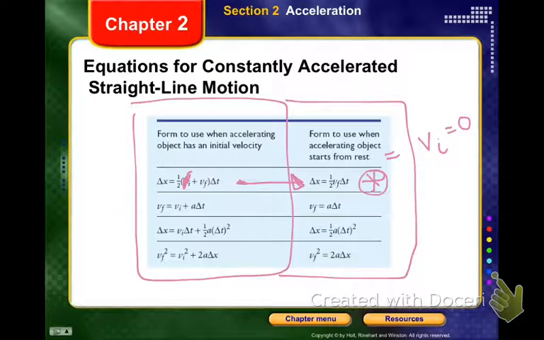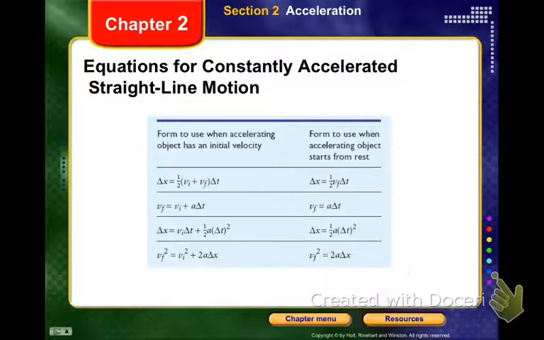Just 4 of them include the case where your initial velocity is not 0. And the 4 on the right are for when your initial velocity is 0, so you can take that part out of the equation. Make sure you write these down somewhere, because we will steadily be adding to them.